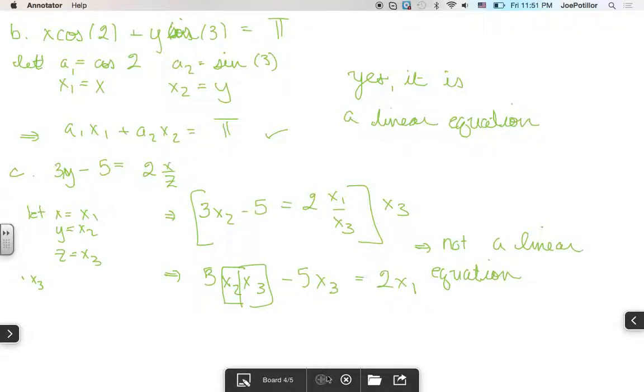Okay? And since this section's relatively simple, that's about it. We can apply this in certain situations, and I would like to do an application involving this particular point.